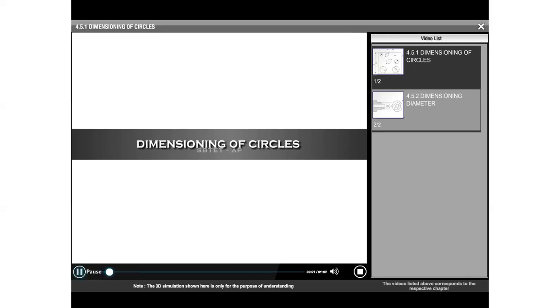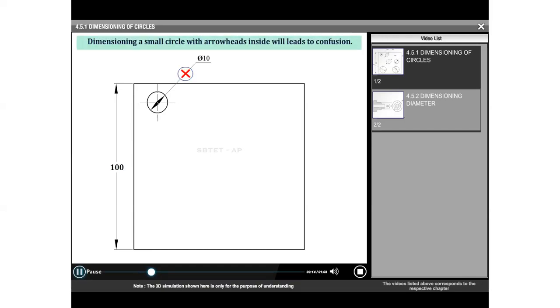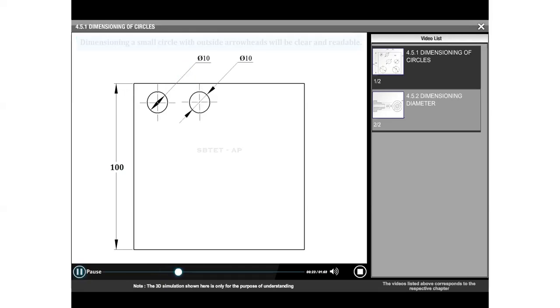Dimensioning of circles. In this, let us see how to conveniently represent the dimension of a circle. Dimensioning a small circle with arrowheads inside will lead to confusion. Dimensioning a small circle with outside arrowheads will be clear and readable.